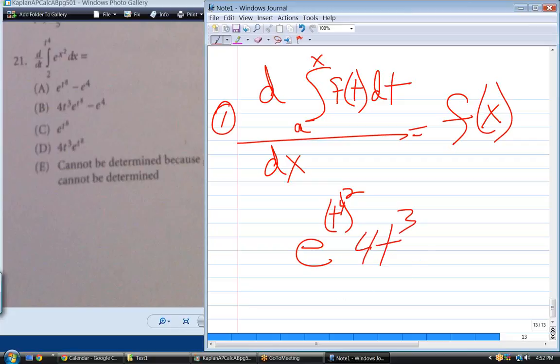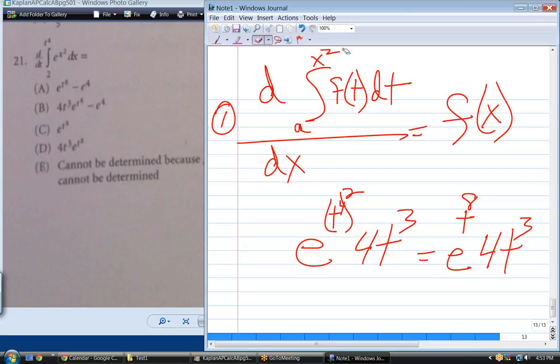And so my final answer is e to the t to the eighth times 4t cubed. If you make this x squared instead of x, then you just plug in x squared wherever you see x, and you multiply the final answer by the derivative of x squared.